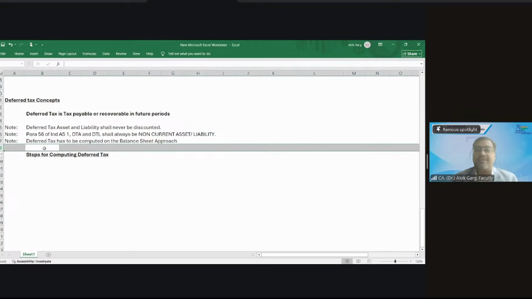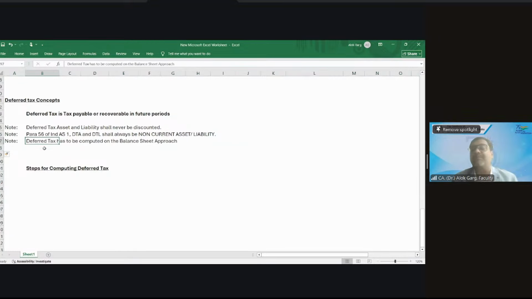In CA Inter, we were computing deferred tax using the P&L approach, right? When you were in CA Inter, the approach was the P&L approach, but now the approach is the balance sheet approach. So deferred tax has to be computed using the balance sheet approach.